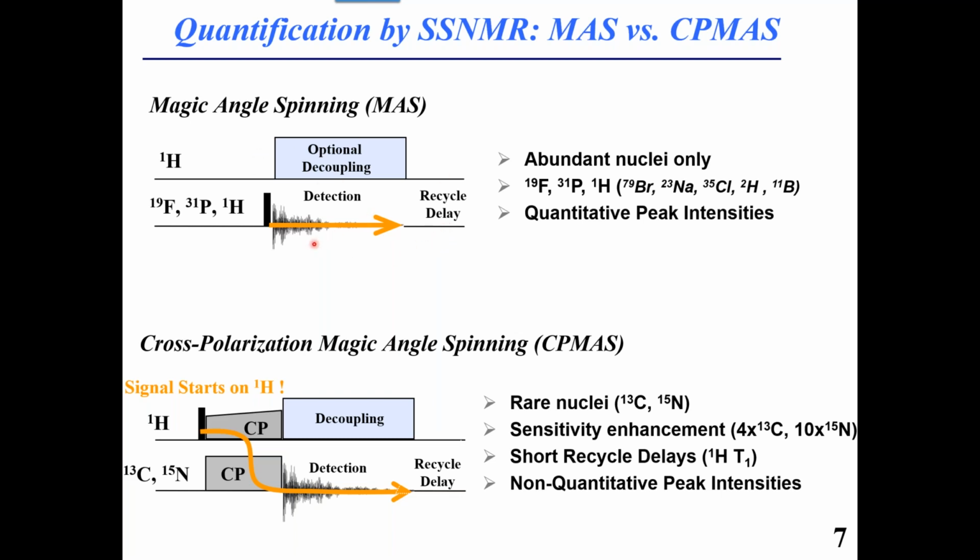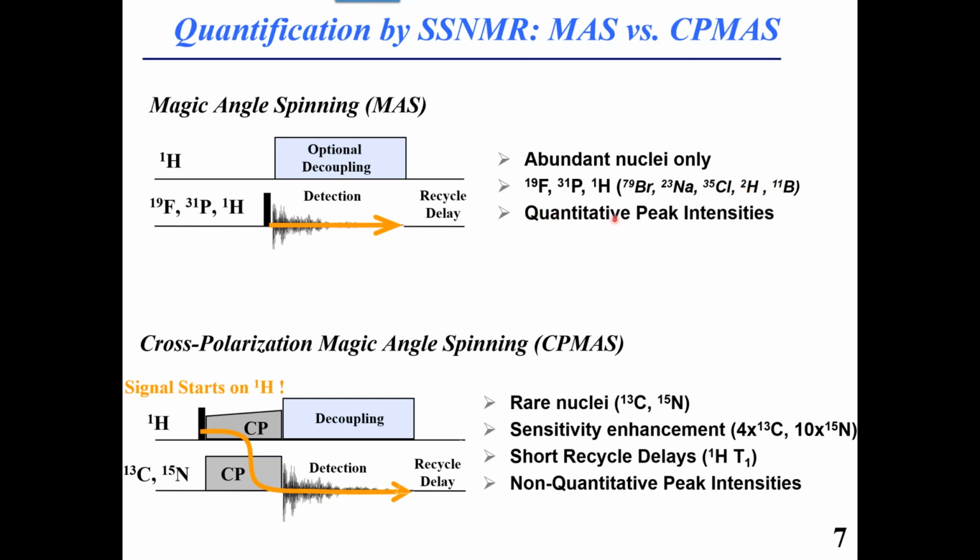The pulse sequence is as simple as it goes: a 90-degree pulse, acquisition, with optional decoupling. It's used for abundant nuclei like fluorine, phosphorus, or protons, because abundant means 100% natural abundance with high sensitivity. We can also use it for so-called quadrupolar nuclei like bromine, sodium, chlorine, deuterium, or boron.